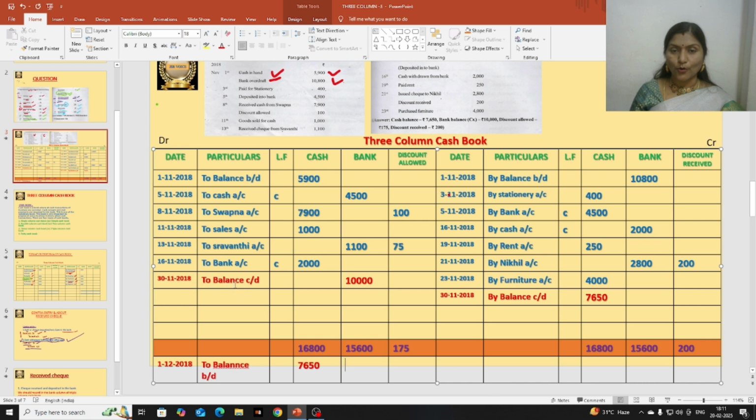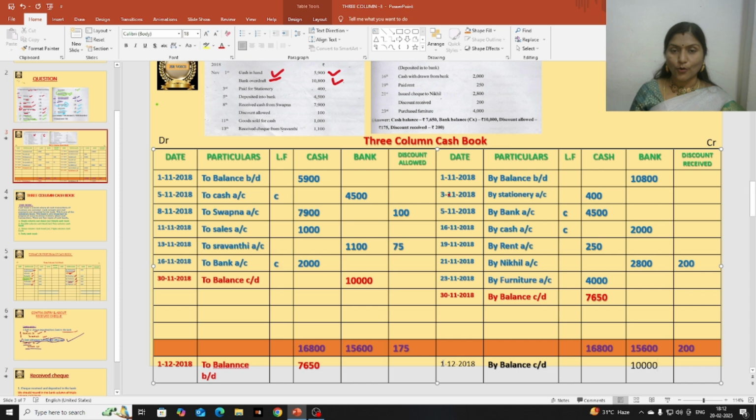So for this debit side balance carried on, we will record balance brought down on the credit side. What is the date again? 1-12-2018. Okay, so what will we write? By balance carried down, amount in the bank column 10,000 rupees.